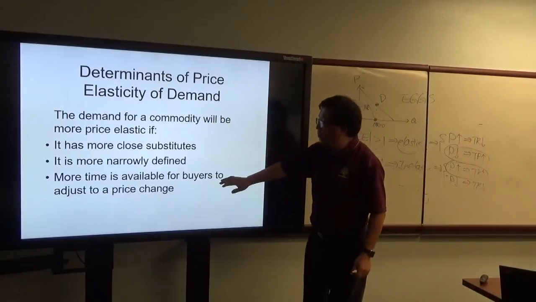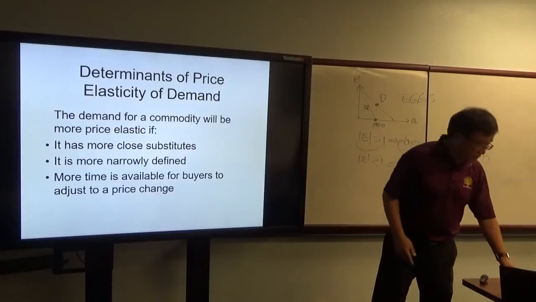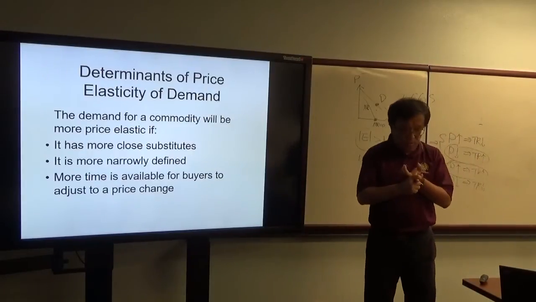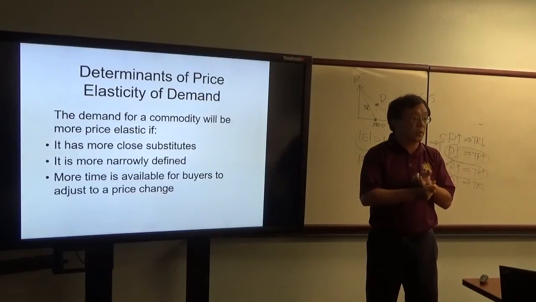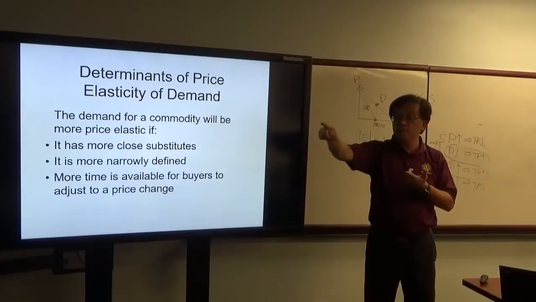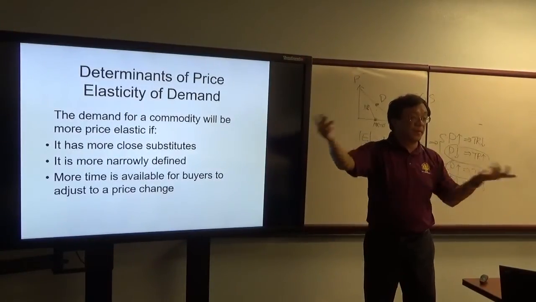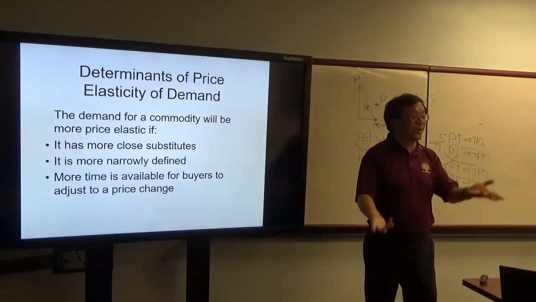And also the amount of time, right, for consumers to adjust. So we should expect the demand tends to be more elastic in the long run than in the short run. Gasoline price tomorrow, $200 per gallon. But we still will drive, right? Yes, tomorrow.